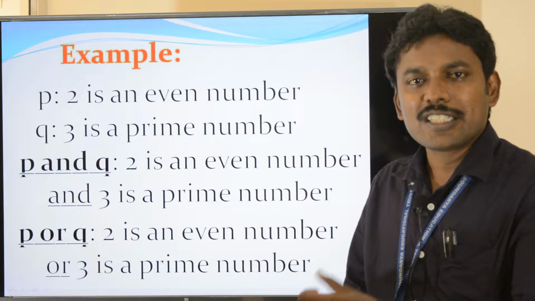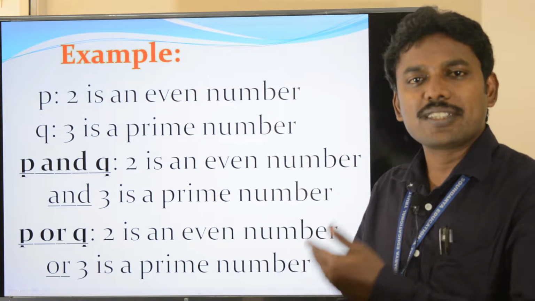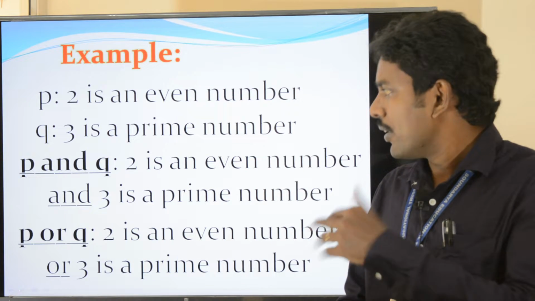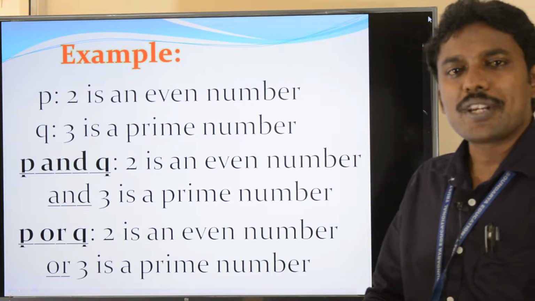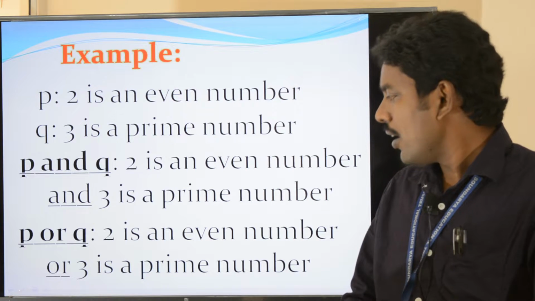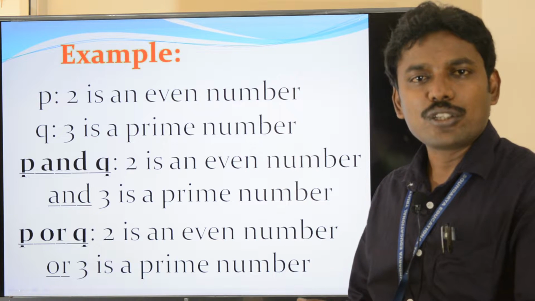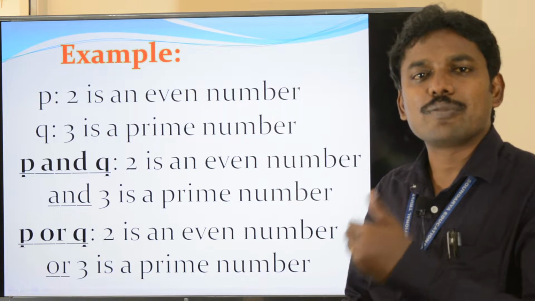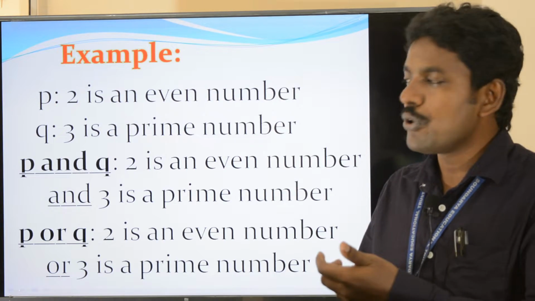And even these two sentences can be connected by using "or" also. P or Q says 2 is an even number or 3 is a prime number. So this is about logical connectors. Logical connectors will help us to connect simple propositions into a compound proposition.